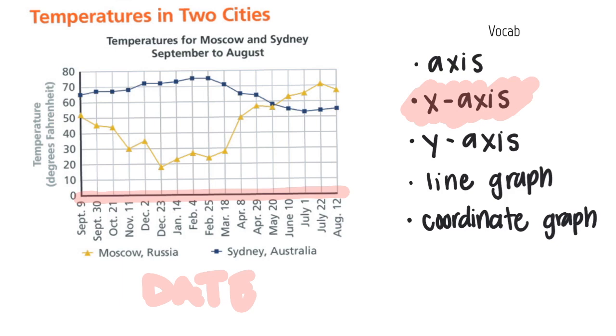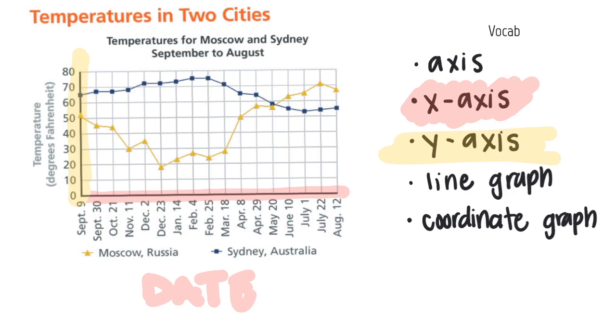And then the next one that we have, the y-axis, is this vertical line, okay? And this one is telling us what the temperature is in these cities, okay?